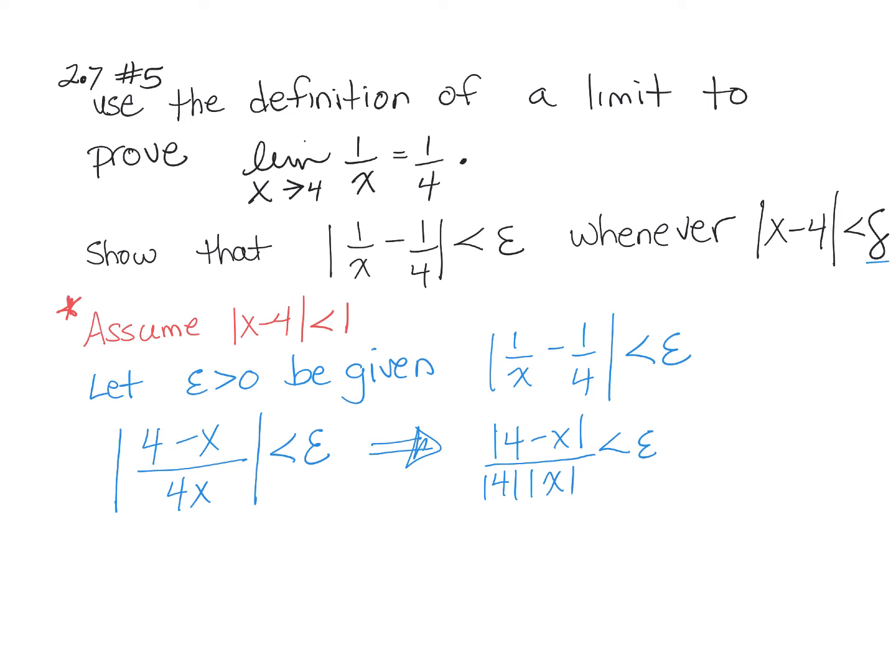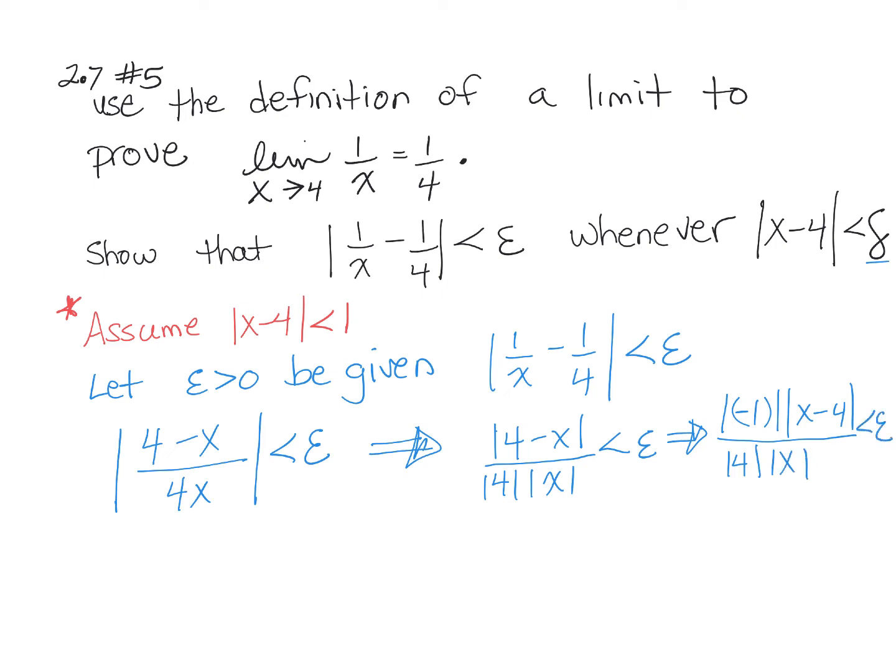I can also take the fact that if I factor out a -1 on the top, we would get x minus 4, which looks a little bit more like what we were trying to show, and say that is less than epsilon.